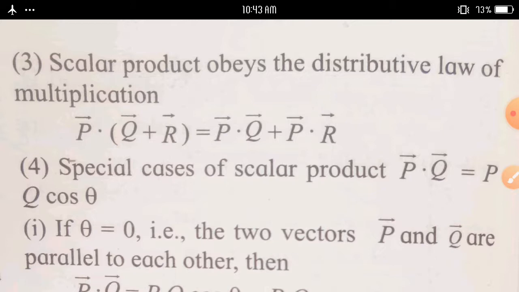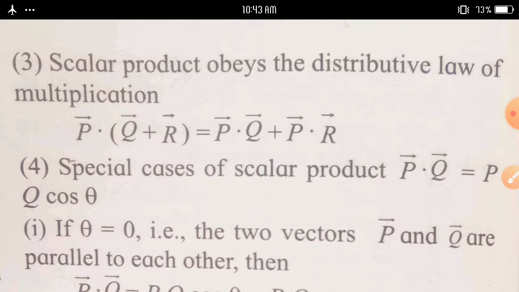Then we multiply the bracket: p bar dot q bar plus p bar dot r bar. Hence the scalar product obeys the distributive law of multiplication. This is the third characteristic of a scalar product.